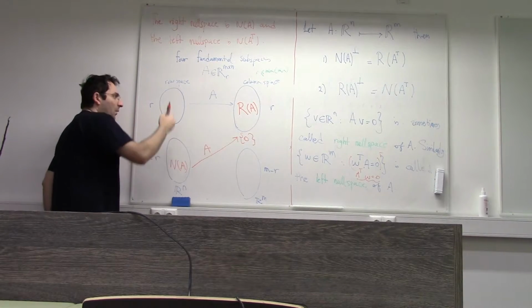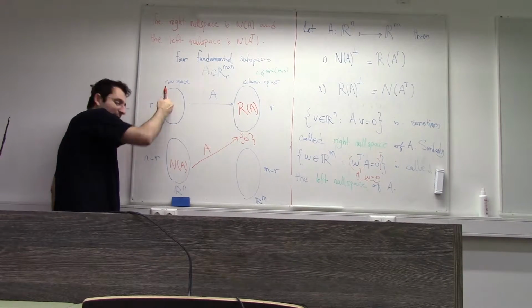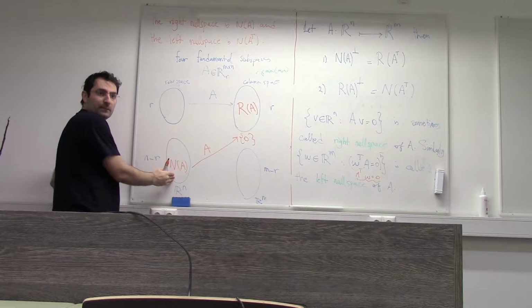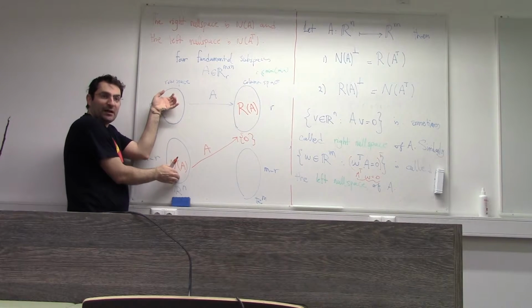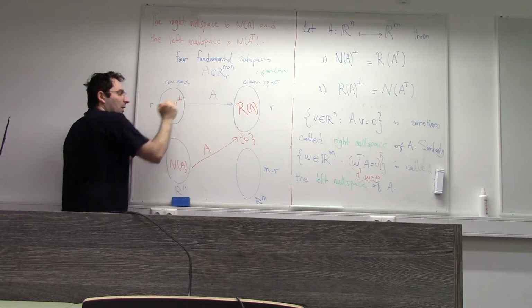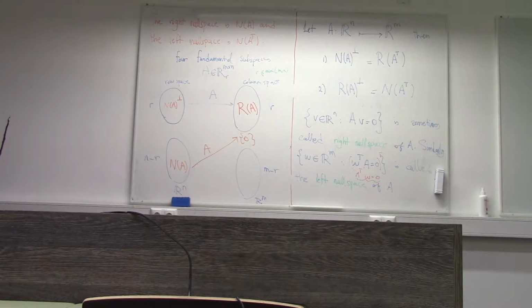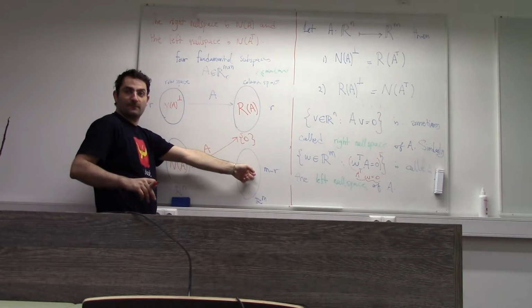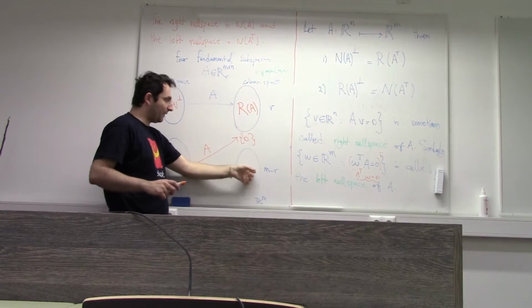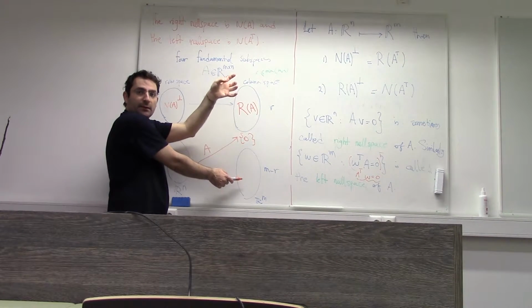So can you tell me what this one is called, if this is NA? Because if something is in here, it's not in here. We have just learned that it's the null space of A orthogonal complement. Well, if this is the case, can you tell me now what is the last one which is left? You know that the vector in here cannot be in here, because if it were in here, it would be in here.